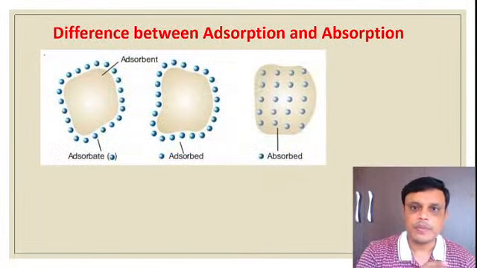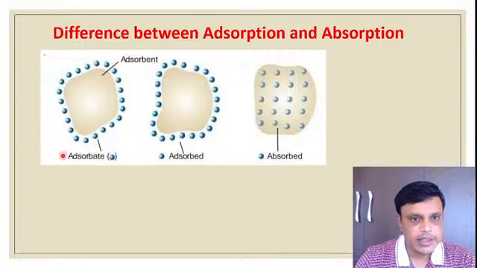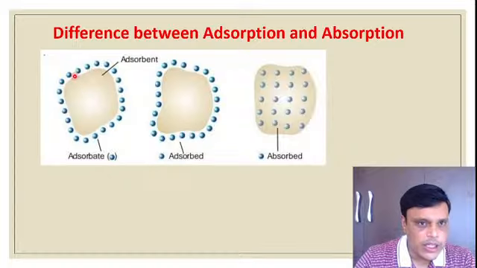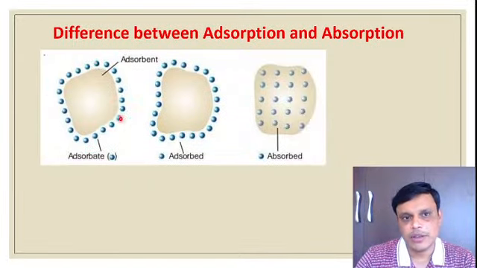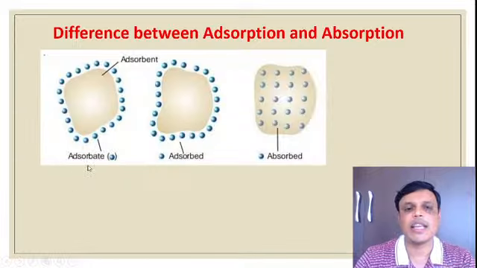We will see this figure. Here the adsorbate is there, and these are adsorbed. See here, this solid surface is called the adsorbent. I have told you that on the external side of the solid surface the gas molecules are concentrating. So gas molecules concentrating on the external surface is called adsorption.